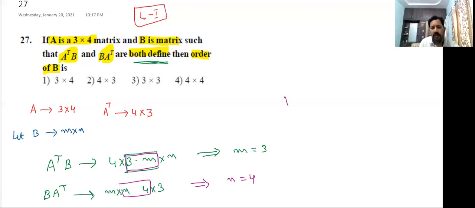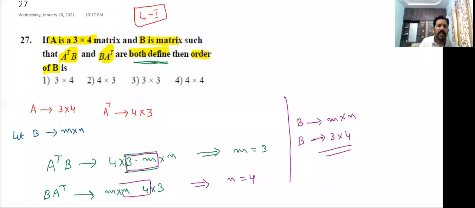Now, what is the B matrix order? We took M by N. Now substitute: M value is 3, N value is 4. So the order of matrix B is 3 by 4. Which option is correct? First option.